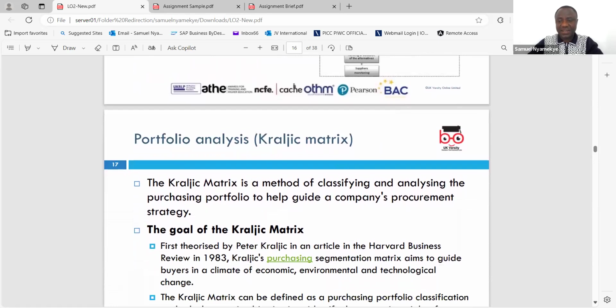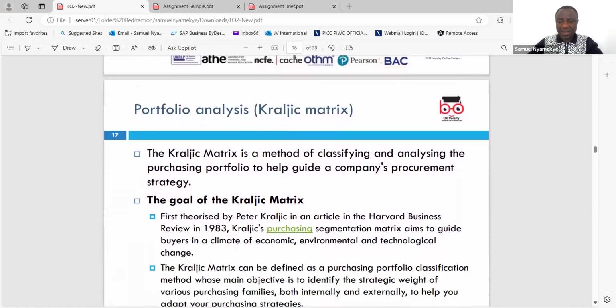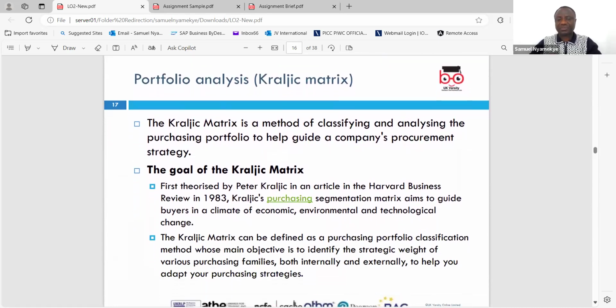You have to try and segment all the products that you have based on the profit and how risk averse it is. So the higher the risk and the profit, how do you look at that?